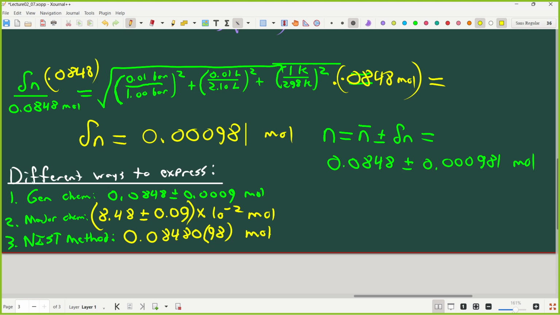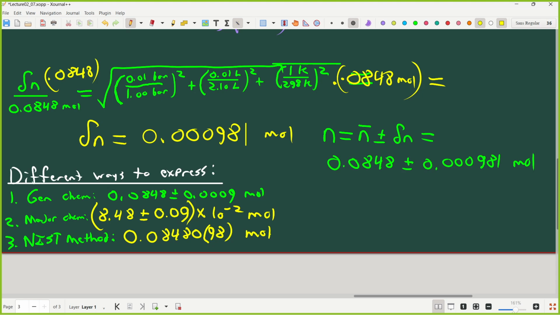So what does this mean? This is what's called the NIST Type A method of error reporting. The error is put into parentheses, and it's the error on the digits next to it. So we have 0.08480, and we have 98 units of error on the last 2 digits of the number. So this is the tenths place, the hundredths place, the thousandths place, the 10,000ths, and the 100,000ths place.